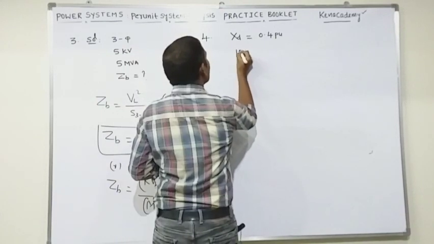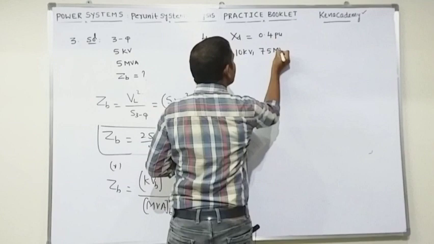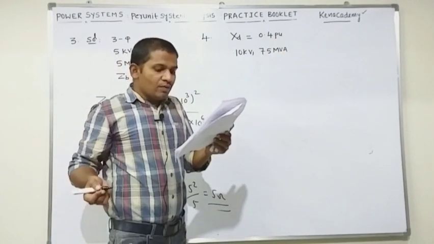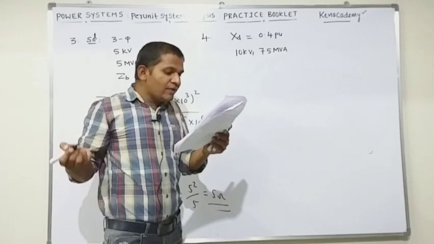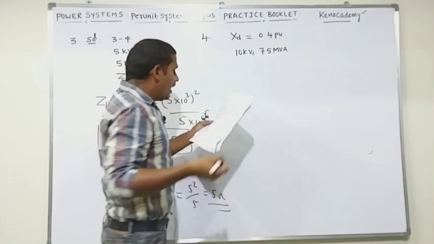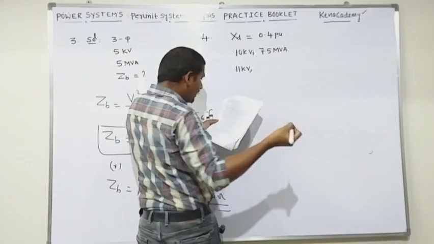The base for calculation is 11 kV 100 MVA. What is the per unit value of XD on the new base of 11 kV 100 MVA?